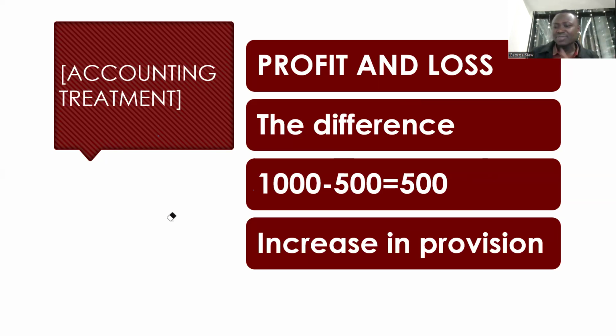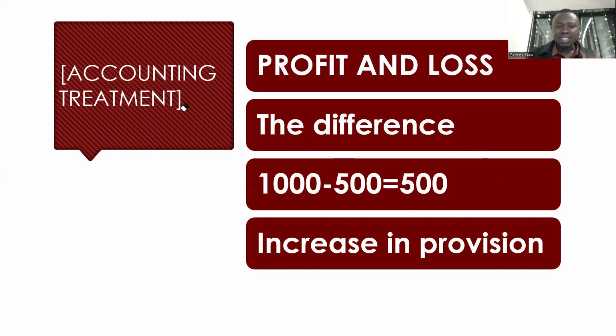But if that transaction is not in the trial balance, then it means that it hasn't been taken care of, and we need to treat it twice. So the accounting treatment is telling us that any transaction in additional information has to be treated twice. And that is why we need to look at what portion of the provision that we have made will be taken to the profit and loss, and what will be taken to the balance sheet.